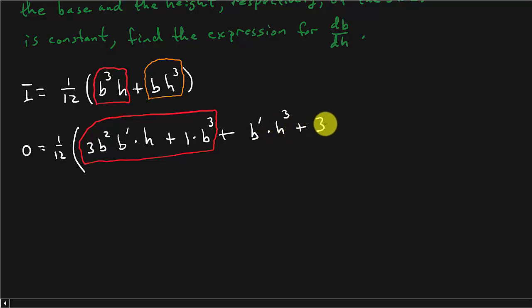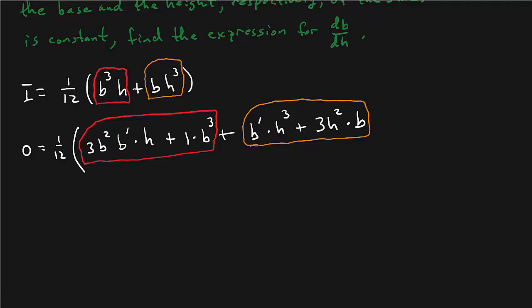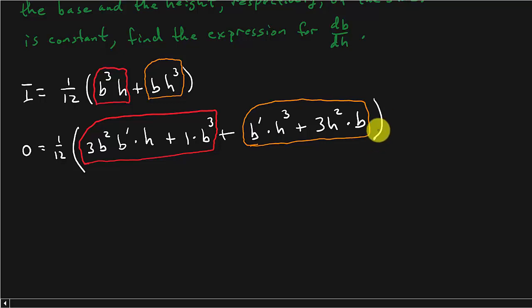Derivative of h cubed is 3h squared times the first. So this is the derivative of that second term. And let's go ahead and put that in, that's in parentheses.